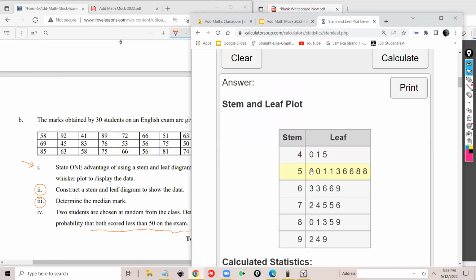So what's the probability that a person has less than 50? Less than 50 are people who scored 40, 41, or what? 45. So how many people scored less than 50 in the class? Let us establish that first, the amount of people. 3 people, okay?